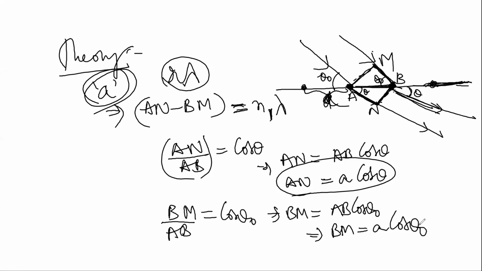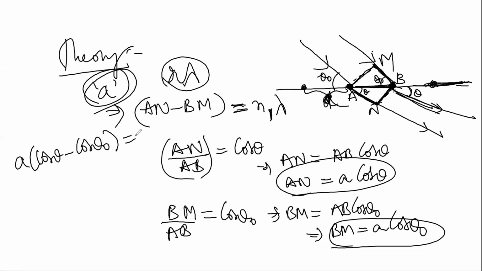Okay, students, A cos theta naught. So Bm I got, An I got. Now I will calculate An minus Bm. That is A into cos theta minus cos theta naught is equal to N1 lambda.